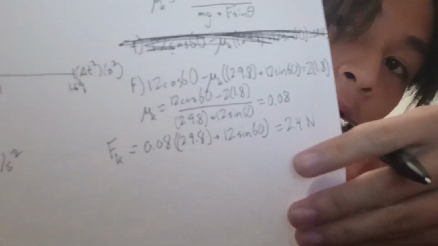Put that into your calculator. 2.4. So the frictional force Fk equals 2.4 newtons. Right there.